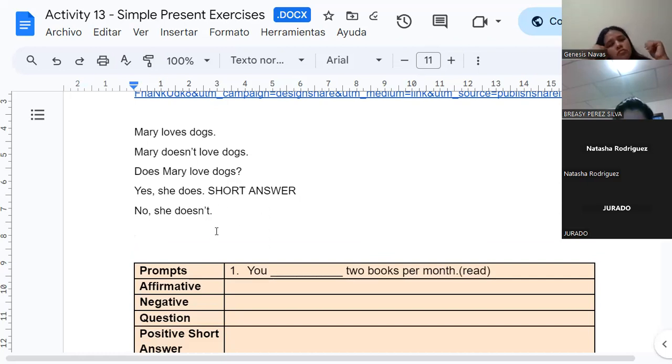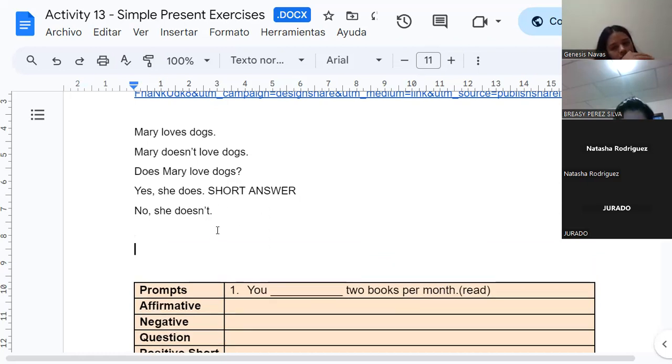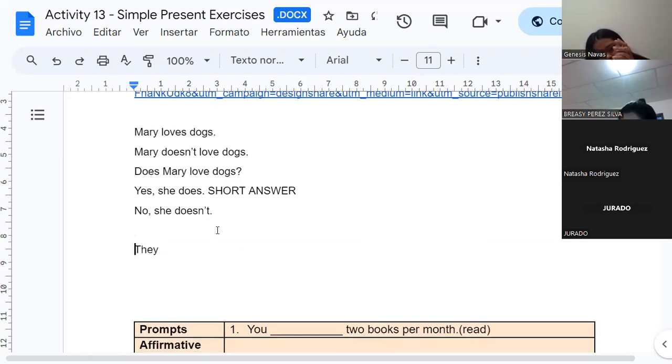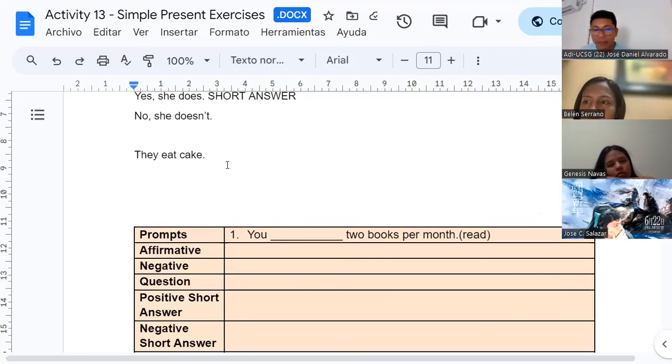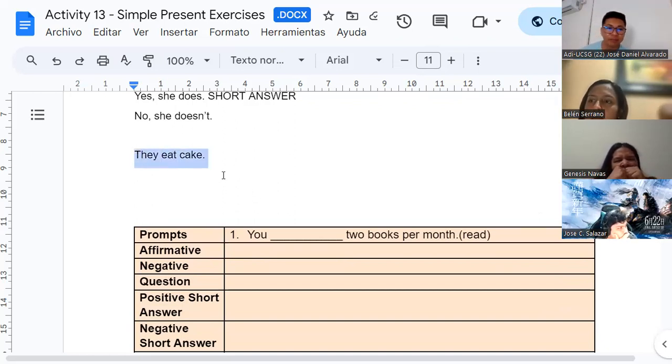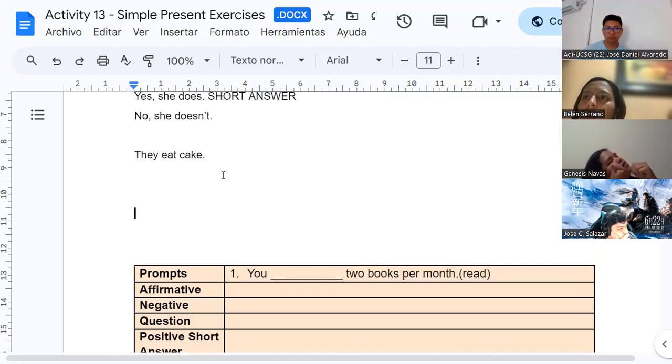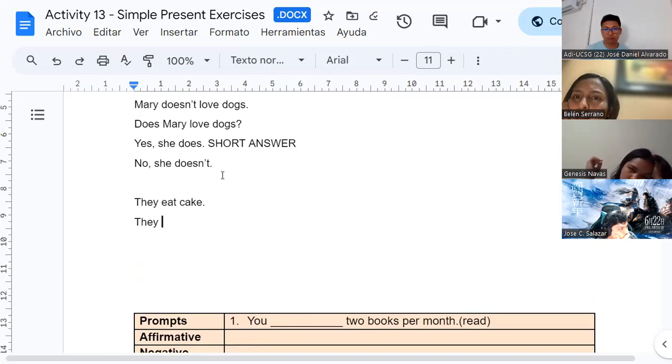Okay, now let's do another example. I'm going to write in here, they eat cake. Okay, so Belén, how do I transform this sentence into negative? They do not eat cake.